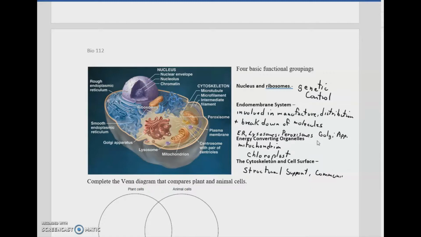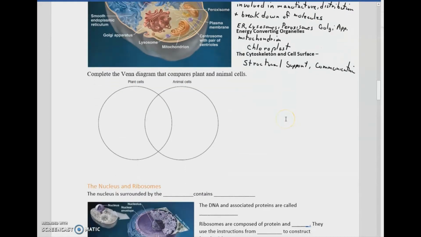Okay, so let's look at this diagram and compare plant and animal cells. So plant cells have a cell wall.